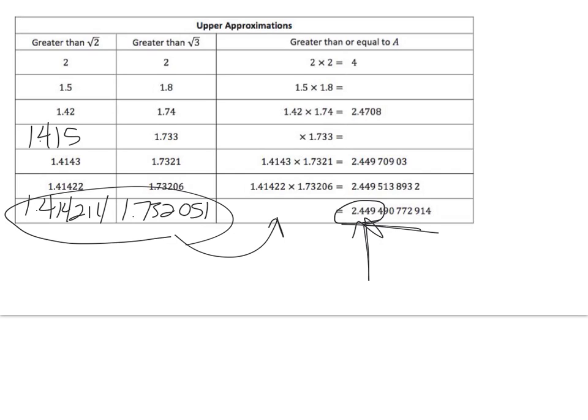If you look on the previous slide, the lower approximation was also 2.449487. So we're the same for the last 4 decimal places, the 10,000th. Each successive lower and upper approximation zeroes in on the actual value closer and closer. But we're never going to get to the actual value, right? It's too difficult to do.